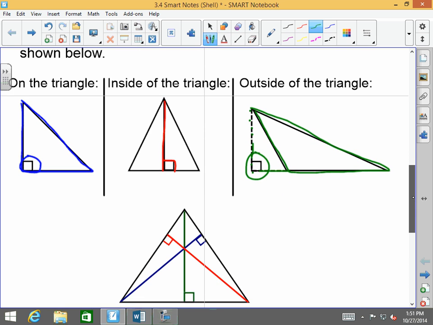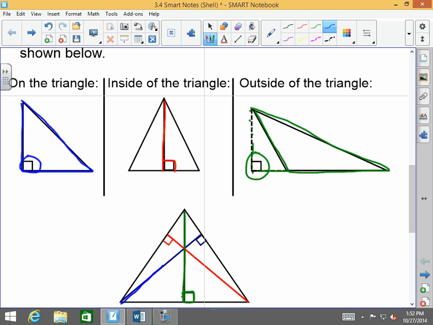And just like the median, we can have three altitudes. If you notice, this is not cutting the opposite sides in half at all. It's simply creating 90-degree angles. So my green altitude does not necessarily bisect the opposite side, but it sure does create a 90.